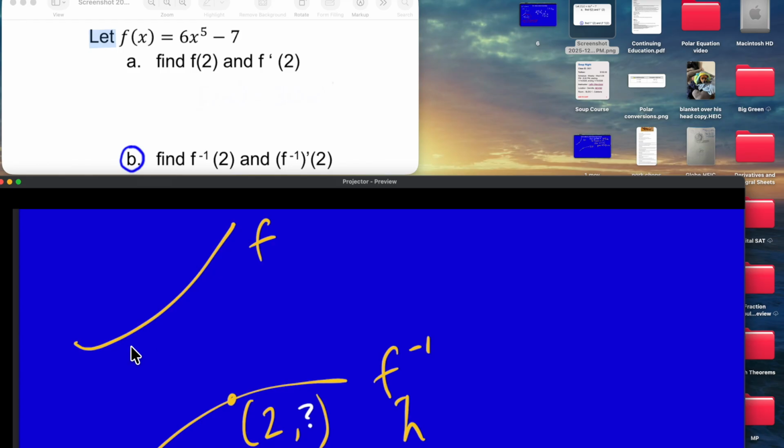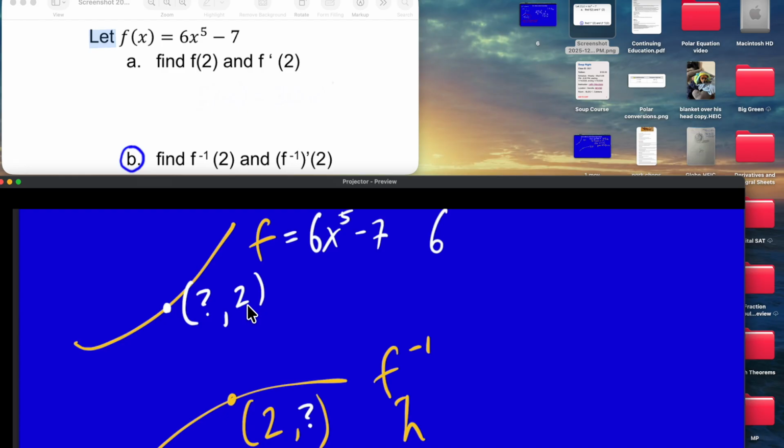We know f equals 6x to the 5th minus 7, and we know that on f, since these are sister points, the output is going to be 2 and the input is going to be the value that we want. So what are we going to do here? Well, if we know we want the output to be 2, we're going to set f function equal to 2.